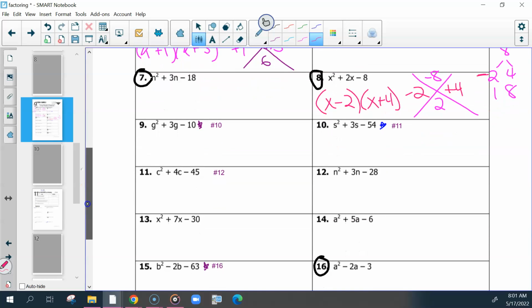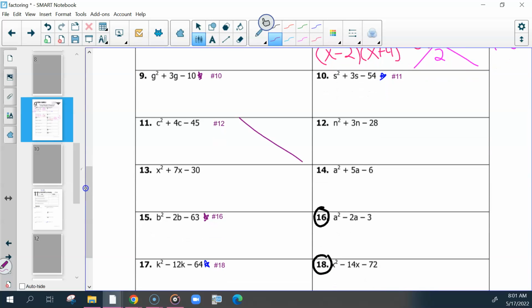Let's do 11. We're looking for two factors that multiply to be -45 but add to be 4. What two numbers would work?